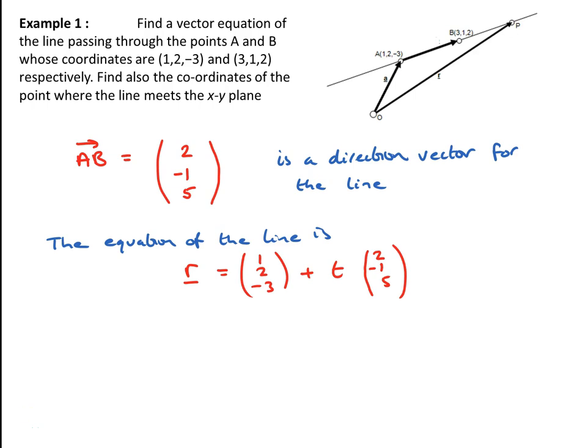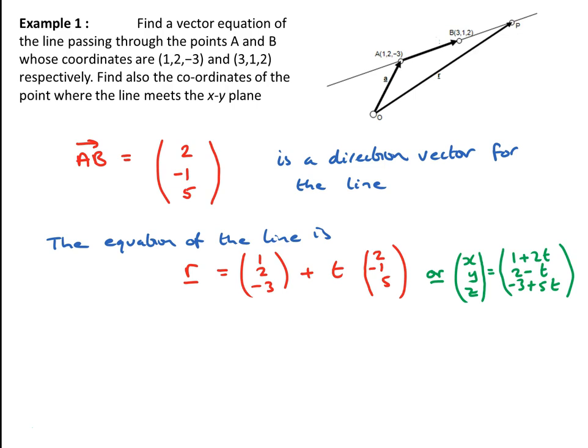And remembering that r is the position vector of our arbitrary point (x, y, z) on the line, we can write this as (x, y, z) = (1 + 2t, 2 - t, -3 + 5t).